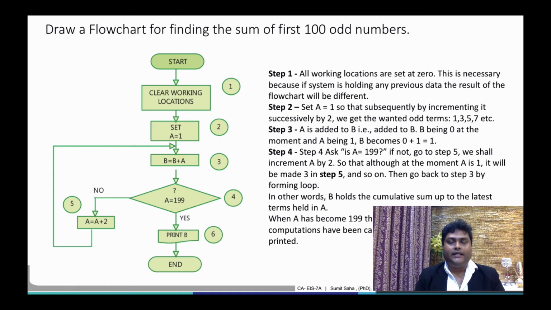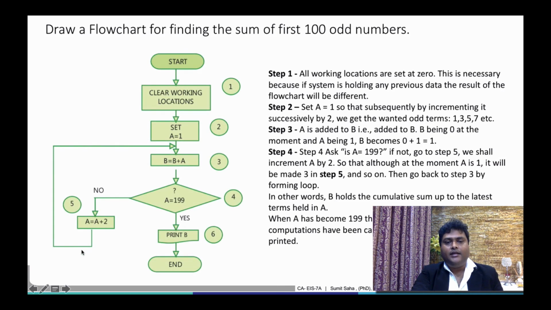So we are checking whether A is equal to 199 or not. If it is no, and in the first step it is no, then we come here and add 2 to the previous value of A. Currently the previous value of A is 1, so 1 plus 2 is equal to 3.